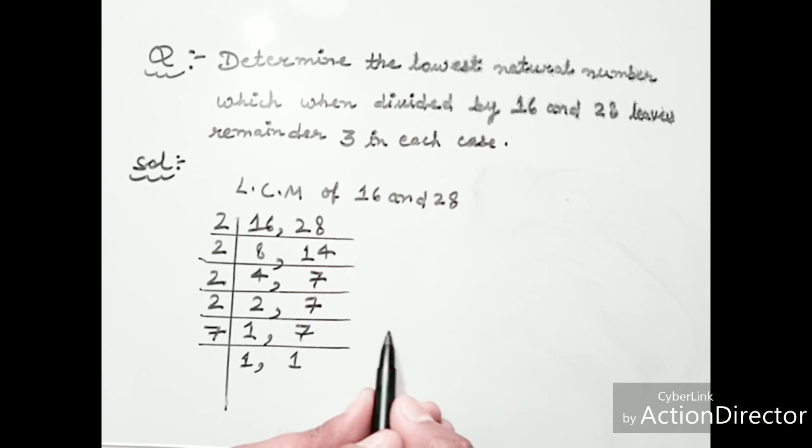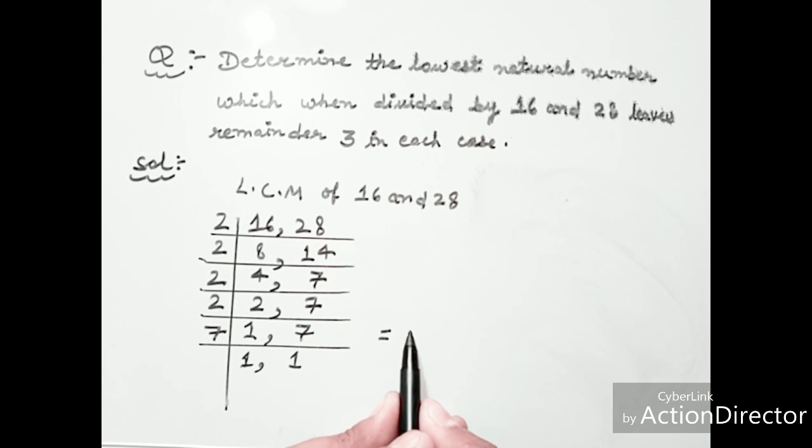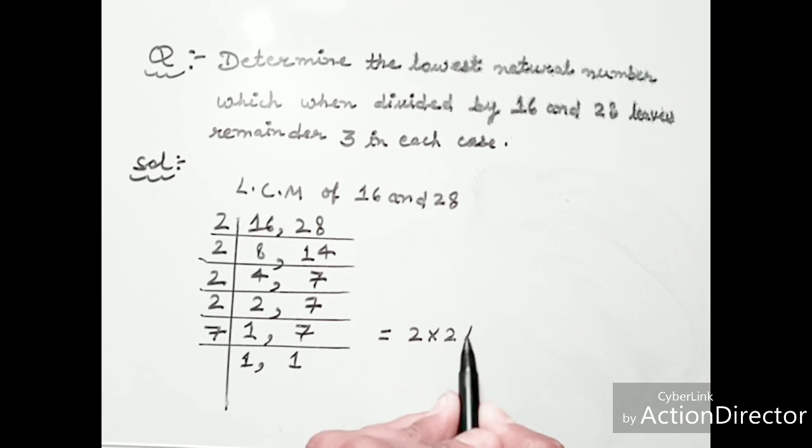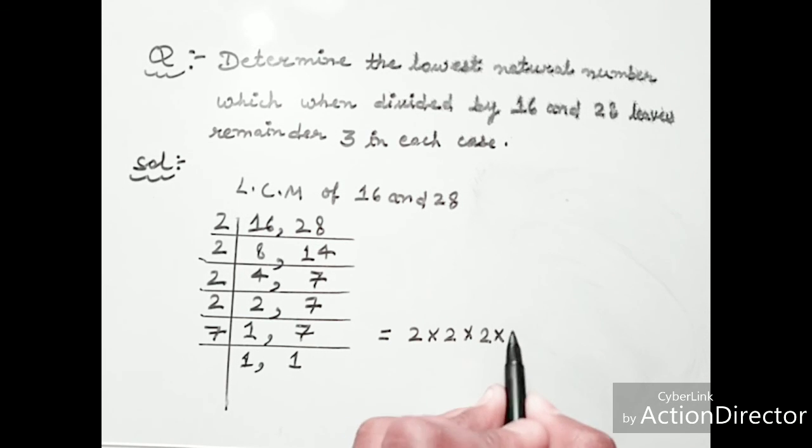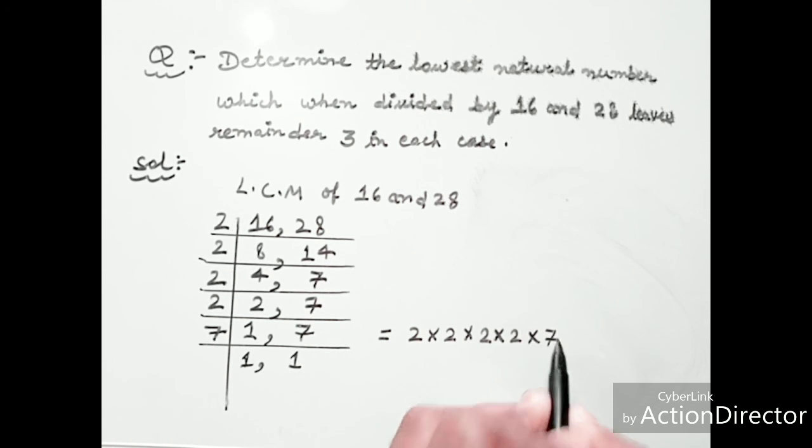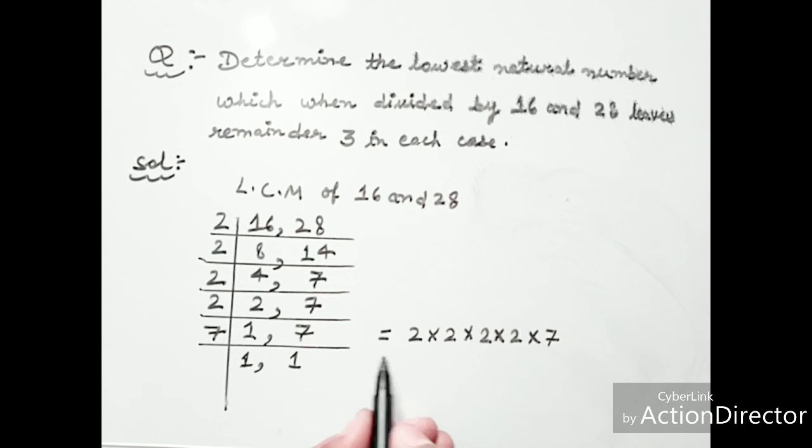So the LCM of 16 and 28 is 2 multiply by 2 multiply by 2 multiply by 2 and 7, and we get 2 2s are 4, 2 4s are 8, 2 8s are 16 and 16 7s are 112.